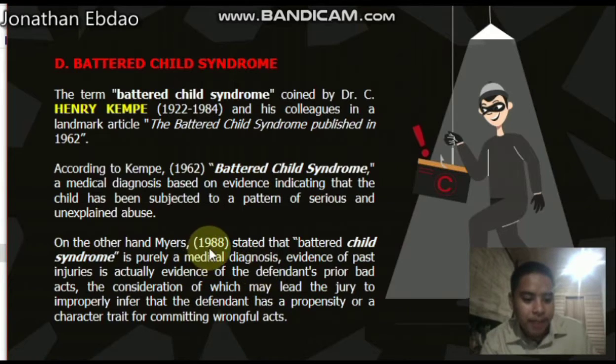On the other hand, Myers 1988 stated that battered child syndrome is a purely medical diagnosis. Evidence of past injuries is actual evidence of the defendant's prior bad acts, which may lead the jury to improperly infer that the defendant has a propensity or character trait of committing wrongful acts.